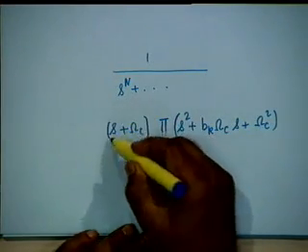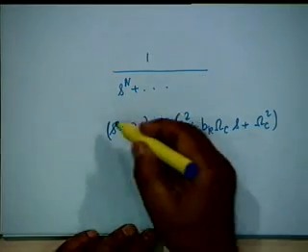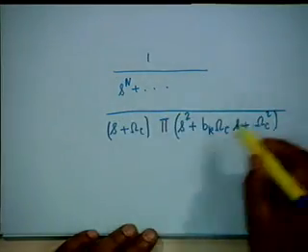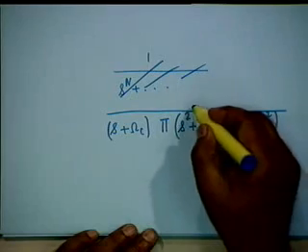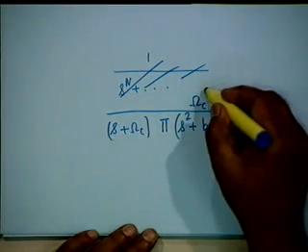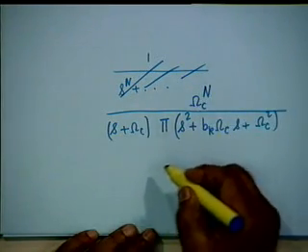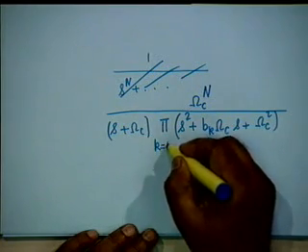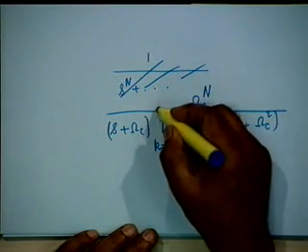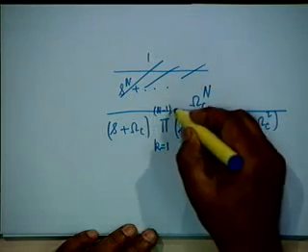And if capital N is odd, then the transfer function would be of the form omega c to the power n, and this would be k equal to 1 to n minus 1 divided by 2.